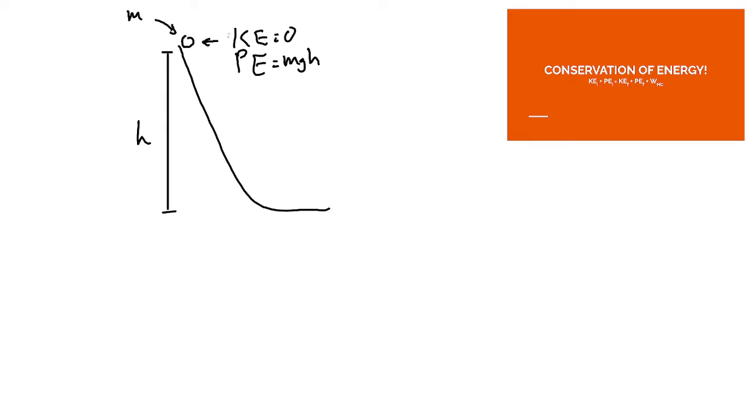At the bottom of this hill, your ball would now have no potential energy, right? There's no potential energy, but there is a lot of kinetic energy. All your potential energy is now converted to kinetic energy in a perfect world, where your kinetic energy will now be 1 over 2 mv squared. Your potential energy would be equal to 0.